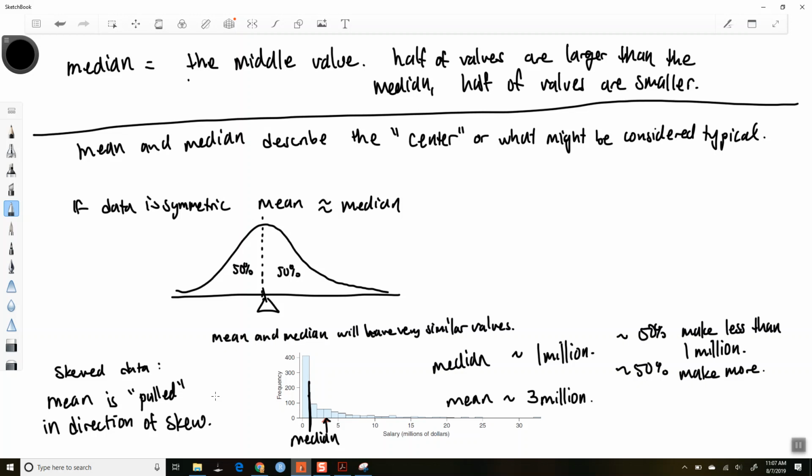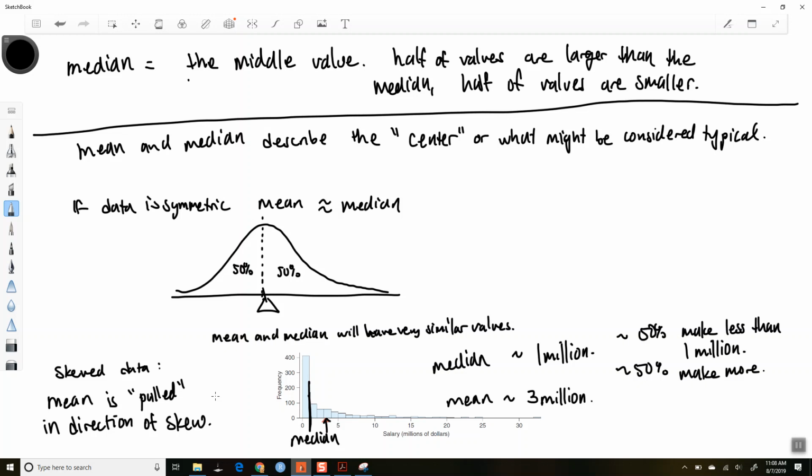So if the mean is much smaller than the median, our data would be what? Left skewed, because the mean is generally pulled in the direction of the skew, and if it's being pulled to be smaller, then we've probably got some extreme values on the left, on the smaller side. The data is left skewed.